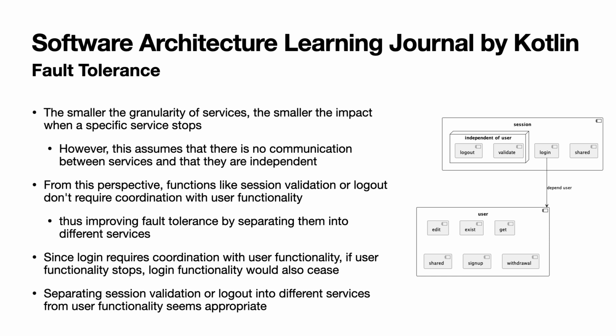However, since login requires coordination with user functionality, if user functionality goes down, login functionality will also be affected. Therefore, from this perspective, it's appropriate to have validation and logout functionalities of session as separate services from user functionality.